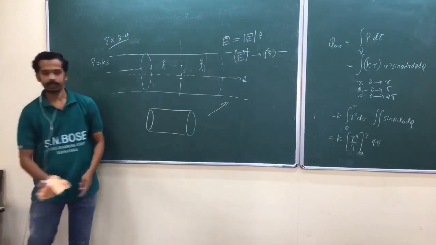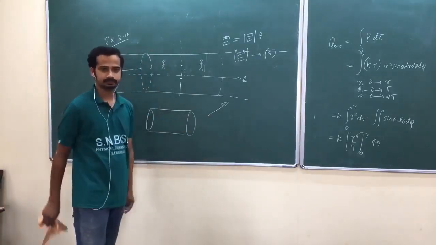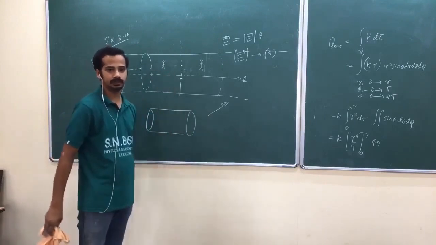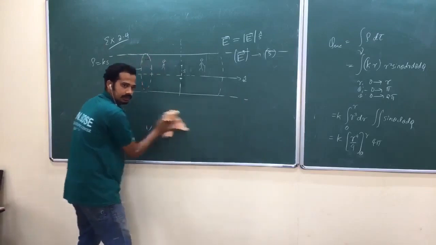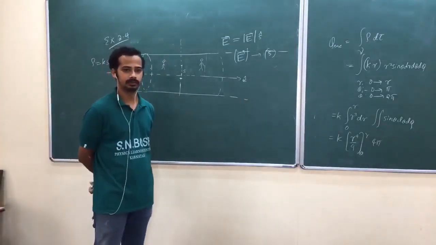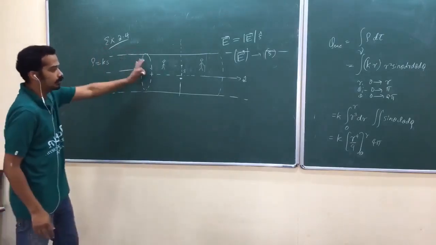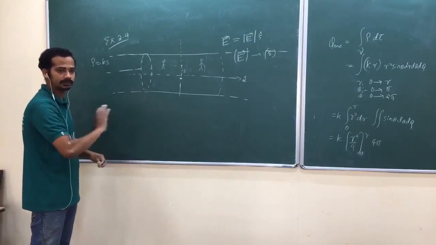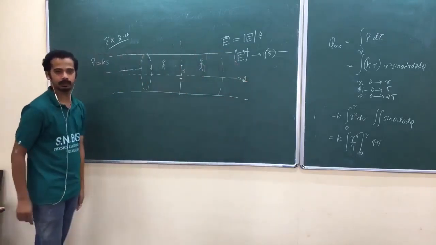Ultimately, our practical situation is a very long cylinder. Mathematically, we take an infinite cylinder. Practically, we can apply the formula we derive here for a long cylinder. That's why he gives the question as a long cylinder. Mathematically, you have to imagine it's an infinite cylinder. There is no edge. If it is finite, as you said, the electric field will definitely have a z cap component.